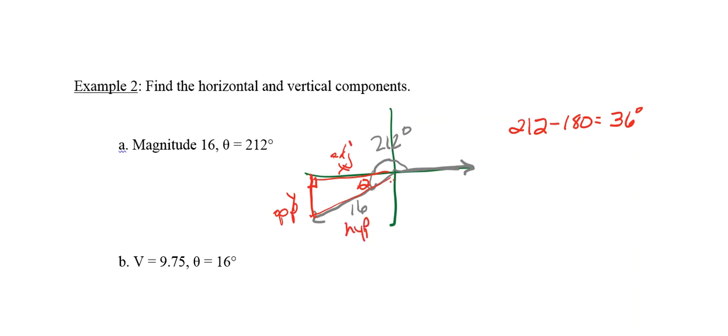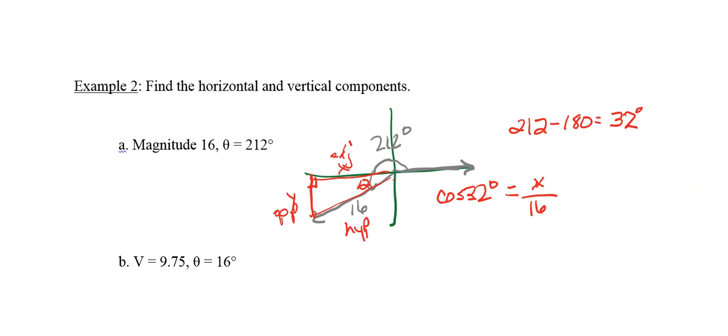So if I want to do adjacent first, and I have hypotenuse, adjacent over hypotenuse is cosine. So I could set up the trig function, cosine of 36 degrees. I don't know why I said 36, it should be 32, I just realized, so let's correct that. Okay, cosine is adjacent over hypotenuse, so that would be x over the hypotenuse of 16.